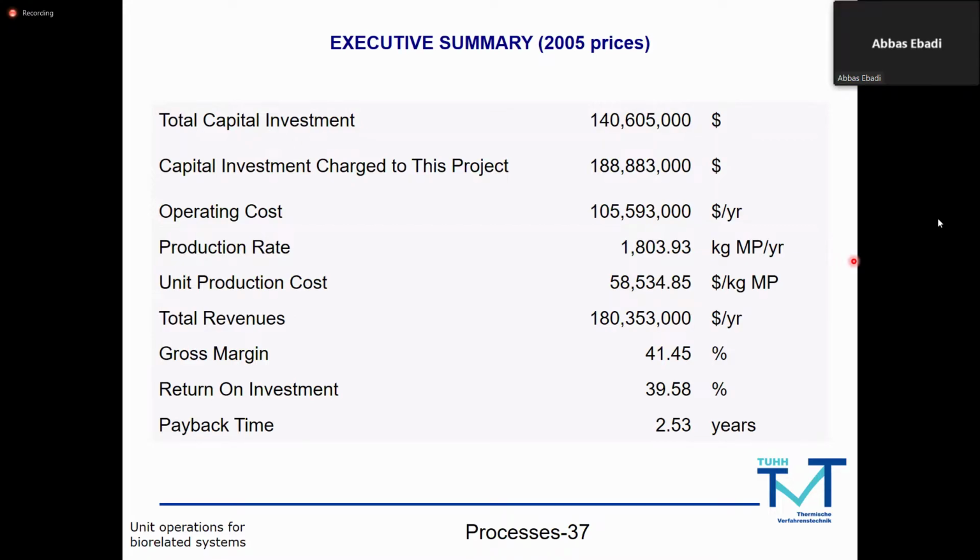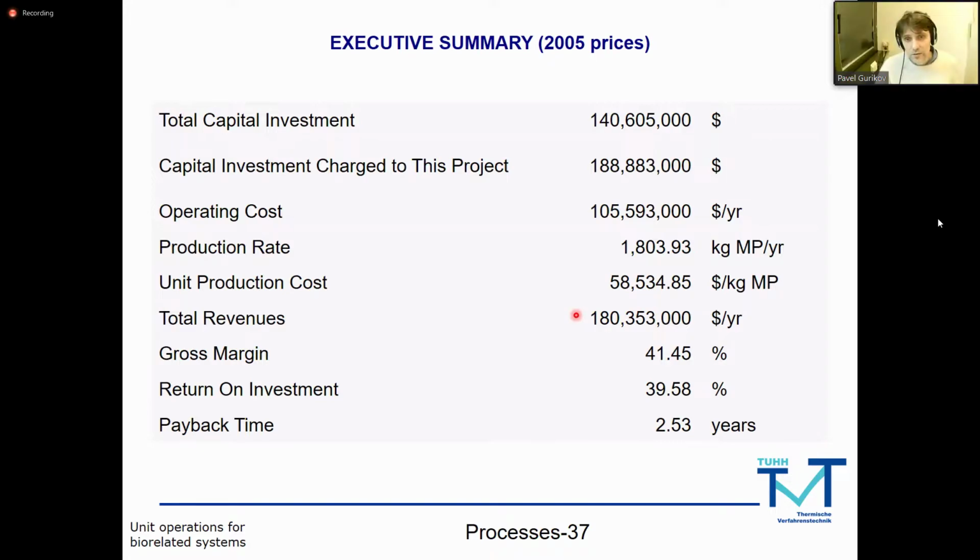The difference between operating costs and total revenues is the margin, the distance between how much we pay and how much we earn.